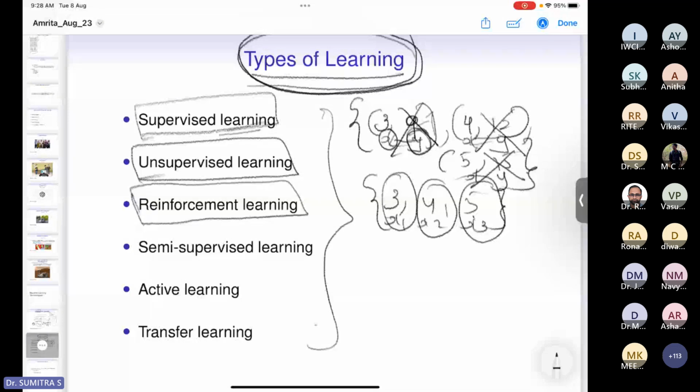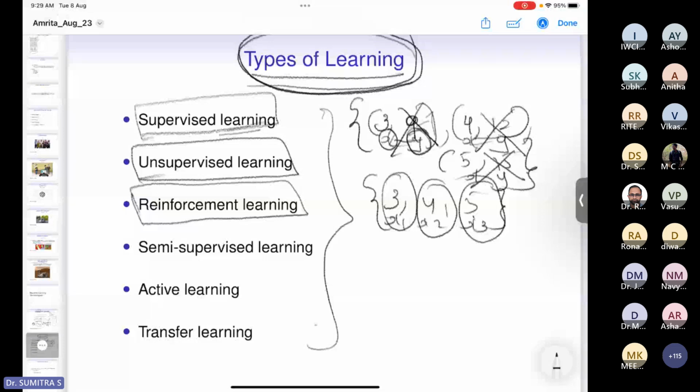For example, if you want to teach a dog how to shake hands, one way is to give rewards to the dog. If he says shake hand, and the dog does it in the right way, we may give a piece of biscuit. So that is the attractive point there.